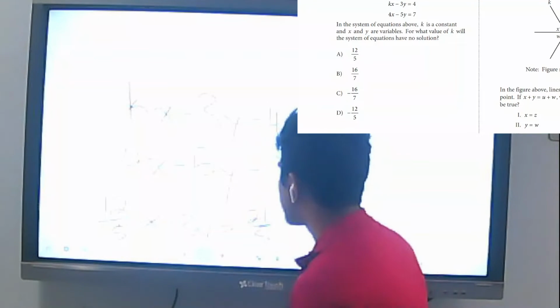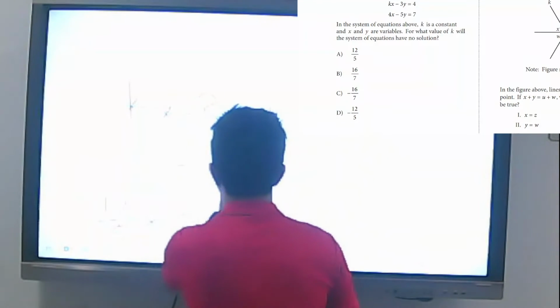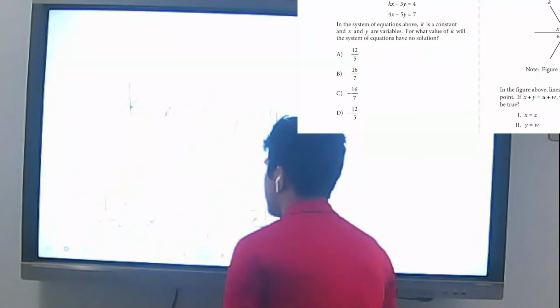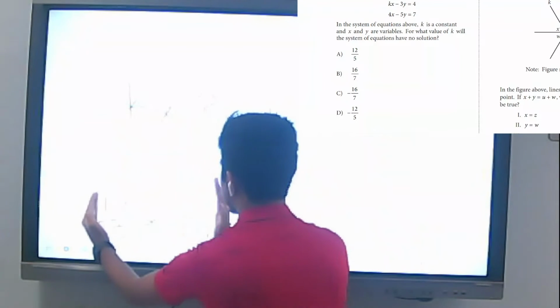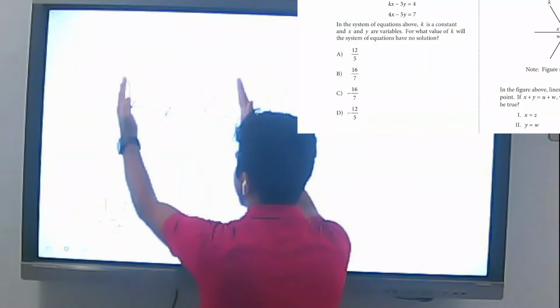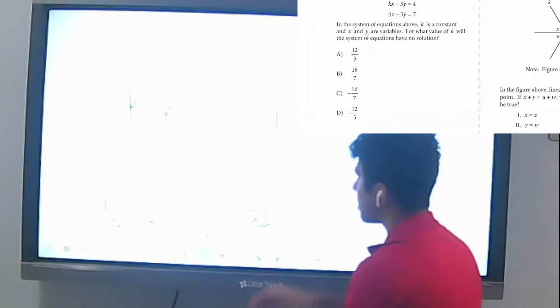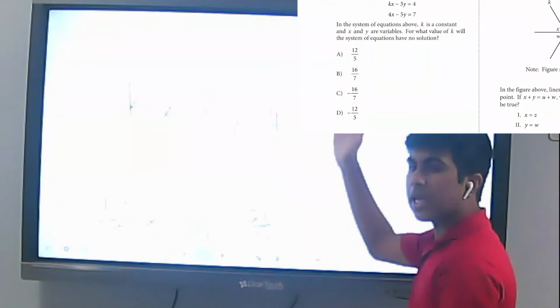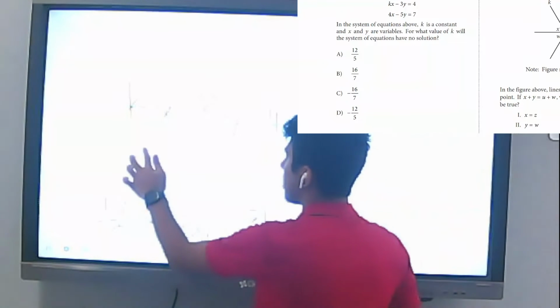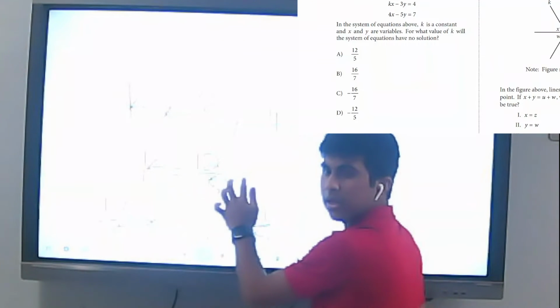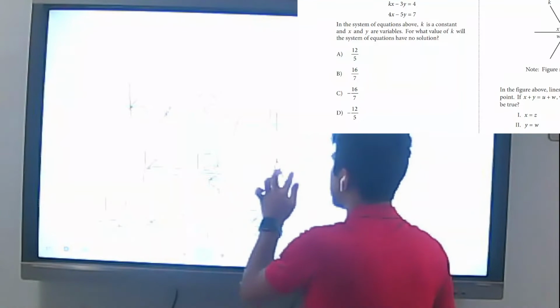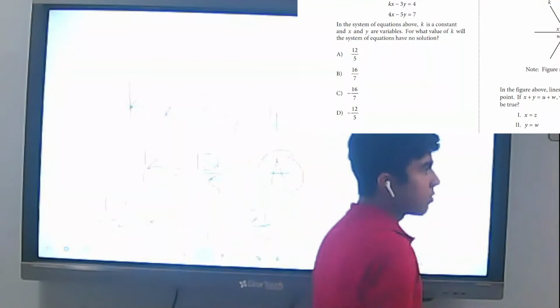Okay? So now, if this is 12/5 x minus 3y, and they equal different things, then they obviously can't both be correct. So k here has to equal 12 over 5, so you have no solutions, and the answer choice is A.